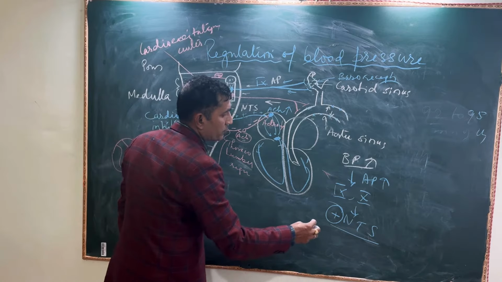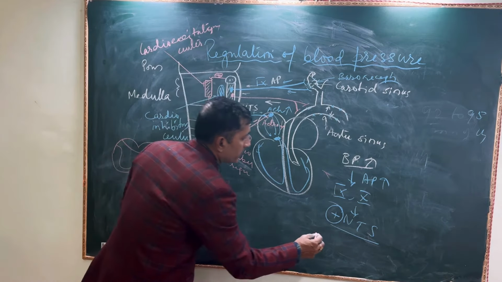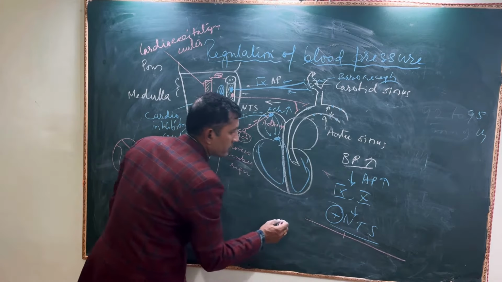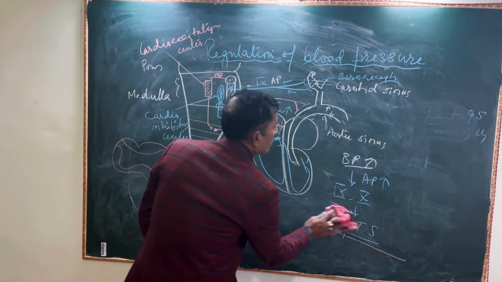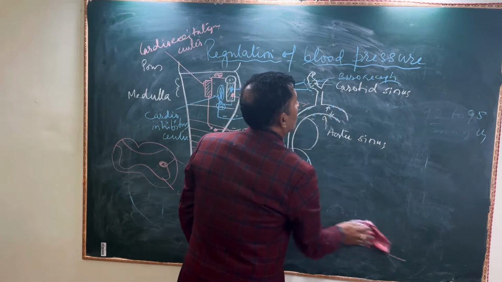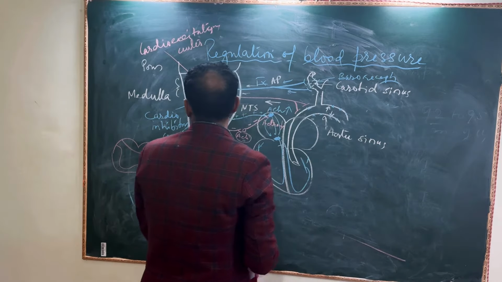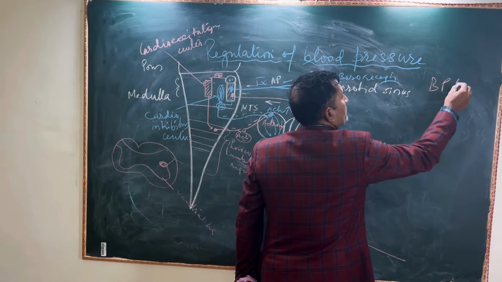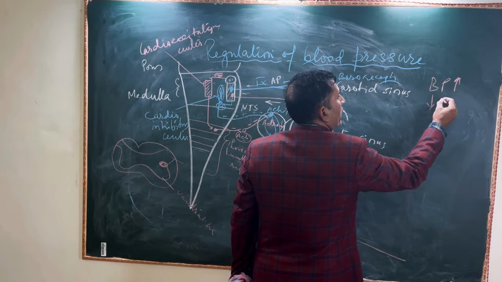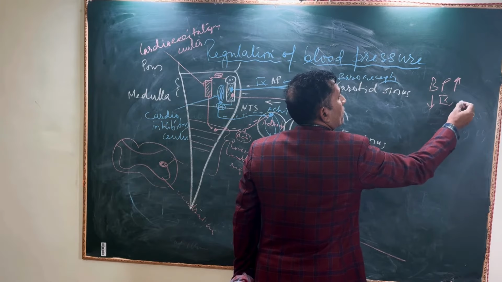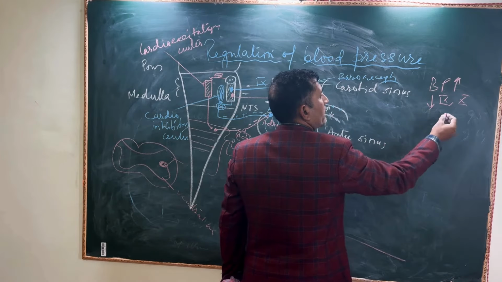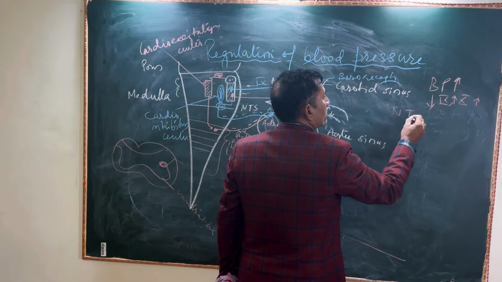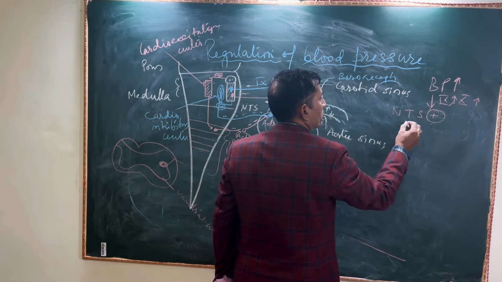So here, if we want to complete this, the nucleus tractus solitarius is stimulated. I must write it properly. What I want to say is, if the blood pressure is going up, then activity in the glossopharyngeal nerve and vagus nerve is increased, and then there is a stimulation of nucleus tractus solitarius.